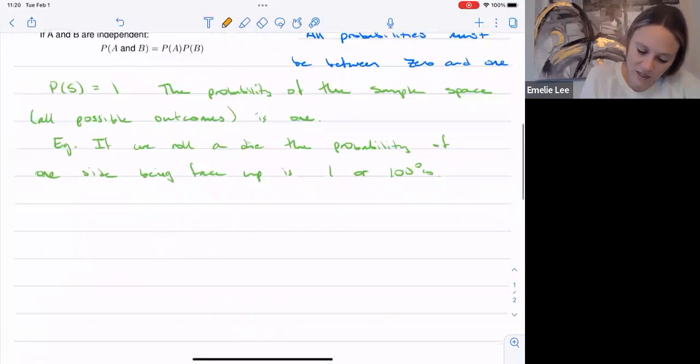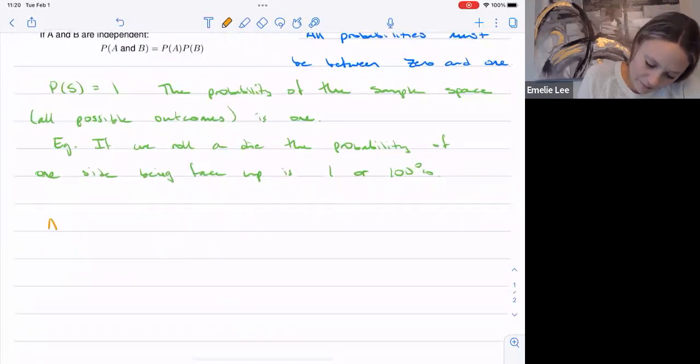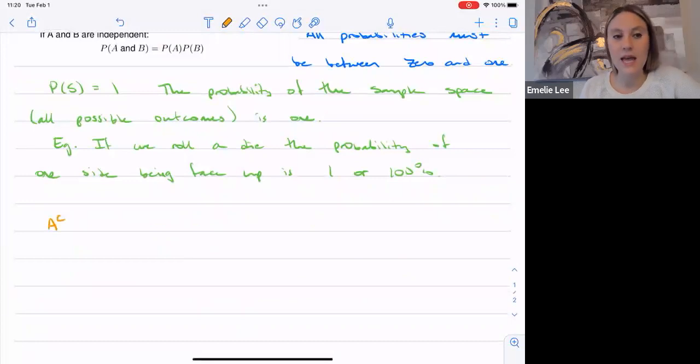So we use A with a superscript C to denote the complement of A, which is basically all the events that are not in A. So sometimes I'll read this as not A, right?